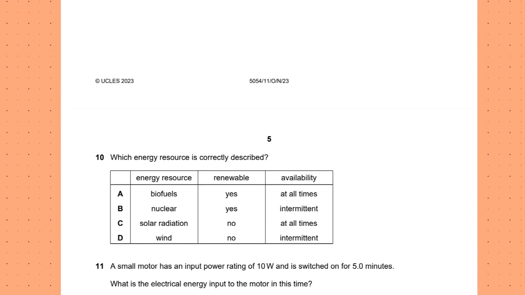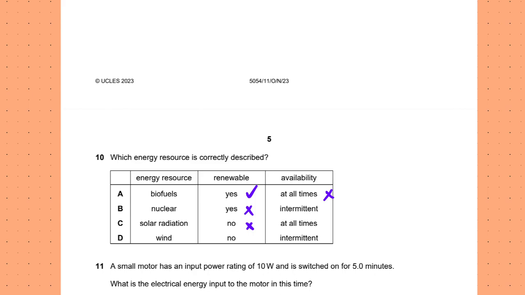Question number 10, which energy source is correctly described? So biofuels renewable, yes. Availability at all times, no. Availability is a big issue with biofuels because it's not readily available. Nuclear renewable, no. Nuclear is not renewable. It has many advantages, but renewability is not one of them. Solar radiation renewable, no. Wrong, right?